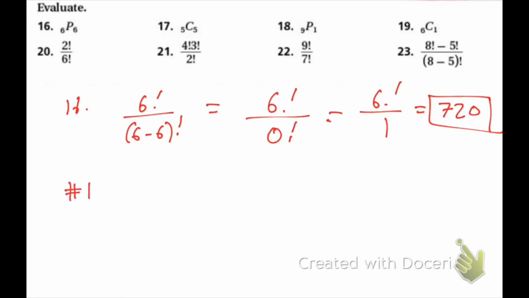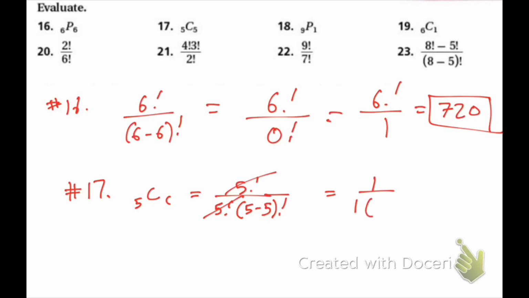Number 17, you have 5C5, that gives you 5 factorial over 5 factorial times 5 minus 5 factorial. Well, these two factorials cancel each other out, so you have 1 on top, and then 1 times, well, 5 minus 5 factorial is 0 factorial, which is, again, 1.